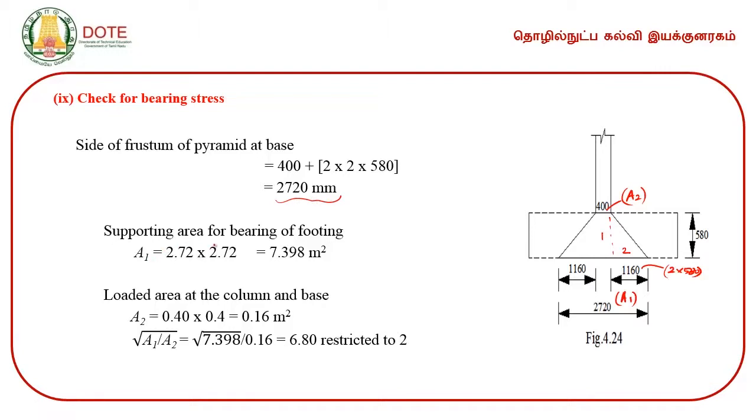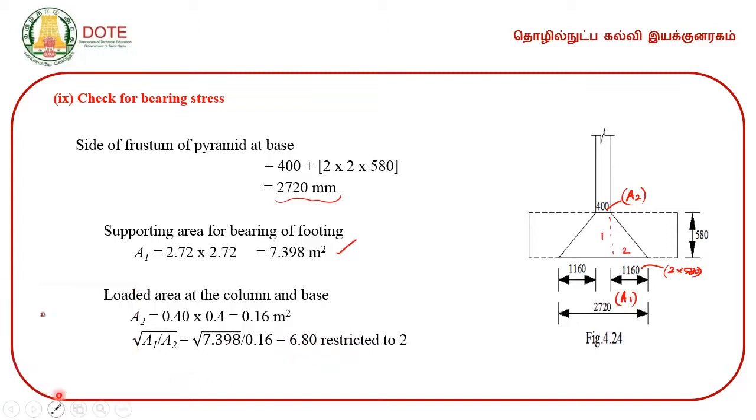So, that is equal to 2720 mm. Now, the supporting area for bearing of the footing, since this is a square one, is 2.72 meters by 2.72 meters, and this is the base area, and the loaded area of the column is 0.4 meters by 0.4 meters, which is 0.16 meter square. The value of square root of A1 by A2 is found to be 6.8, but it is restricted to 2, that is very important to note.